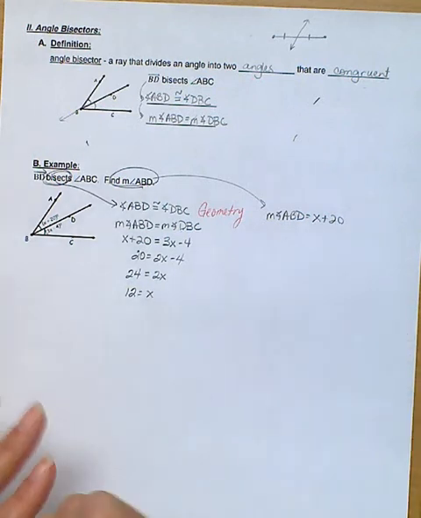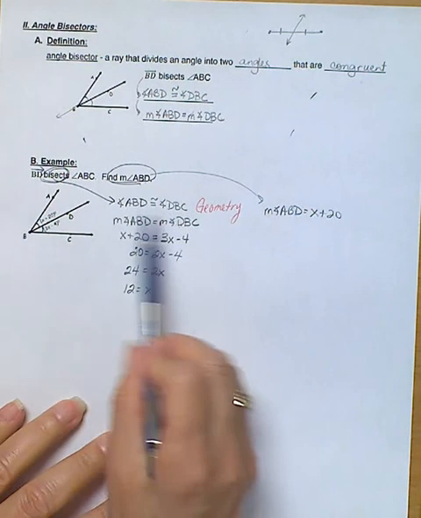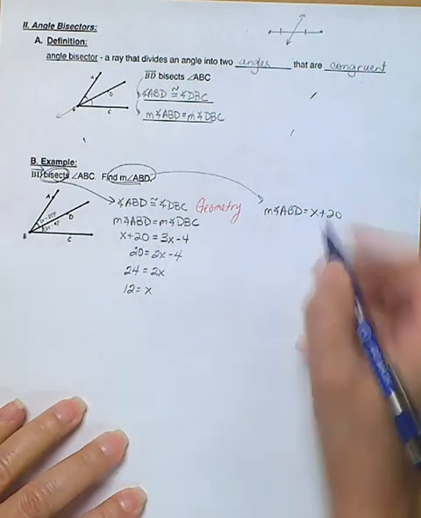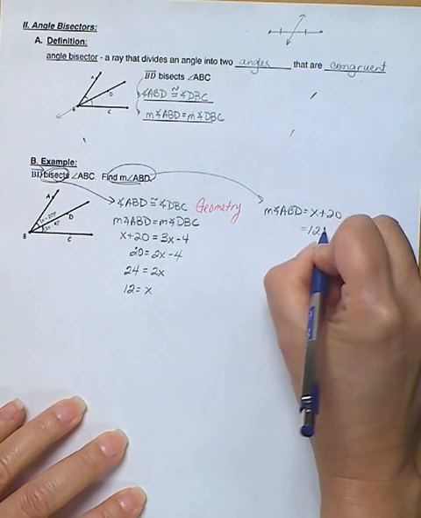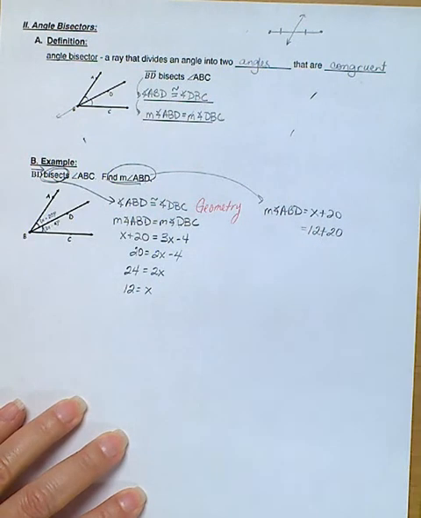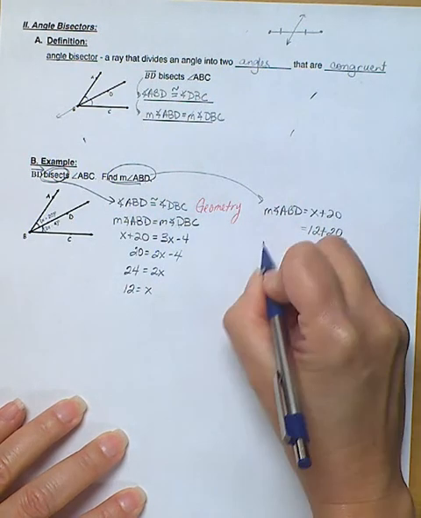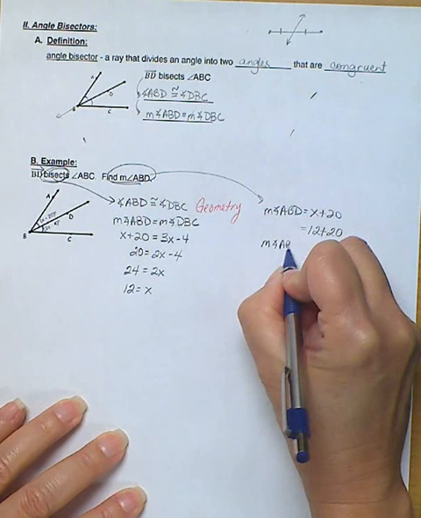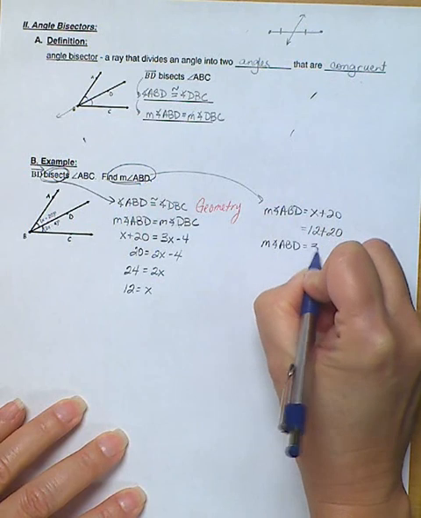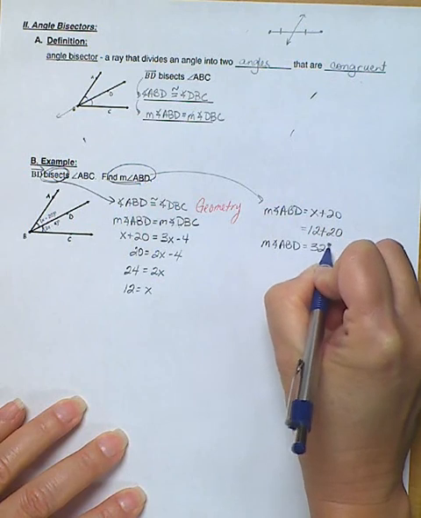You're finding an expression for that measure, but not the measure. So that's why we have to go in and find the x so that we can substitute the correct value of x. And so the measure of angle ABD is 32 degrees, because angles are always degrees.